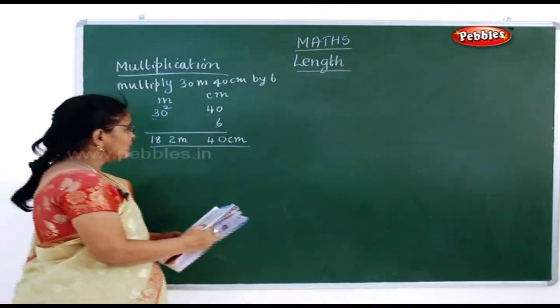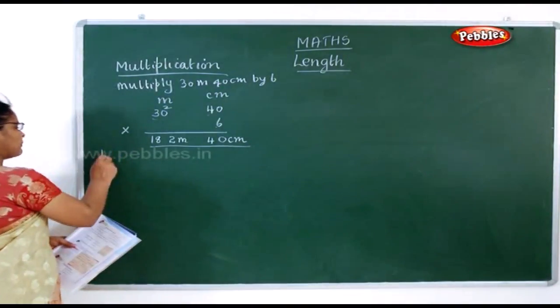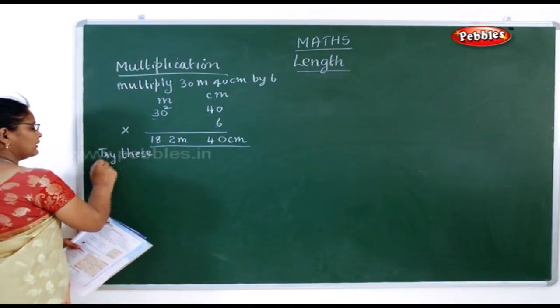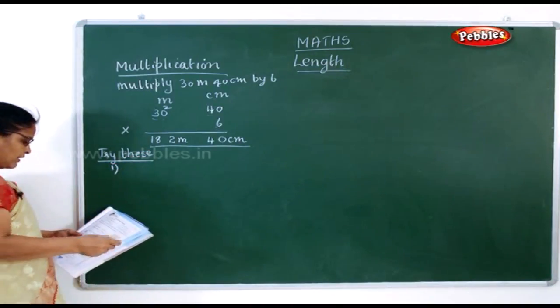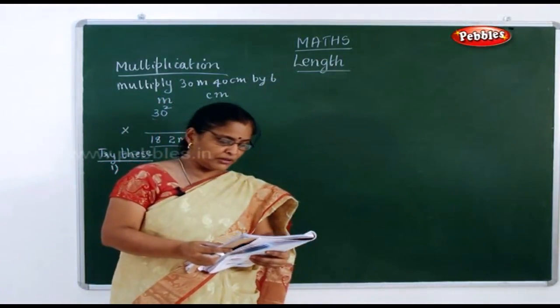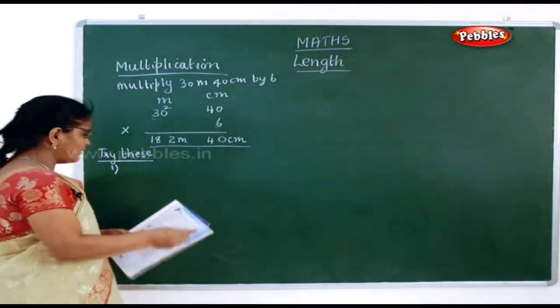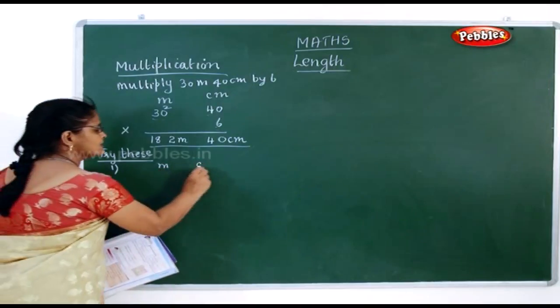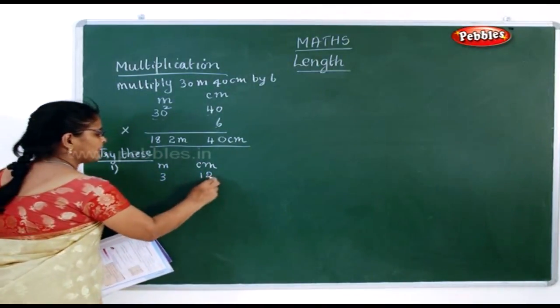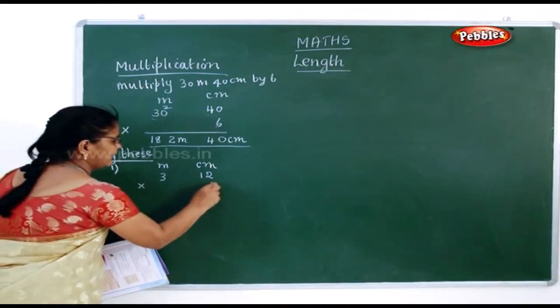See, they have given to try these, that is multiply. You have to try these sums. Now the first sum they have given is 3 meter and 12 centimeter into 9. What they have given? Meter and centimeter. Now 3 meter and 12 centimeter into 9.